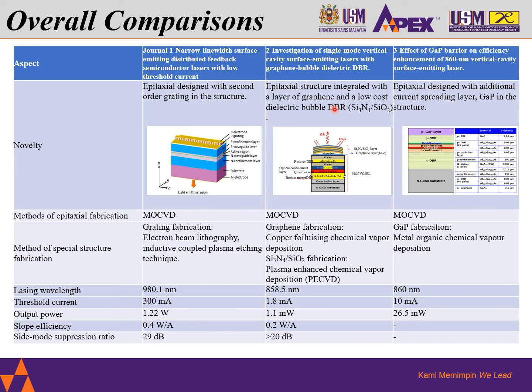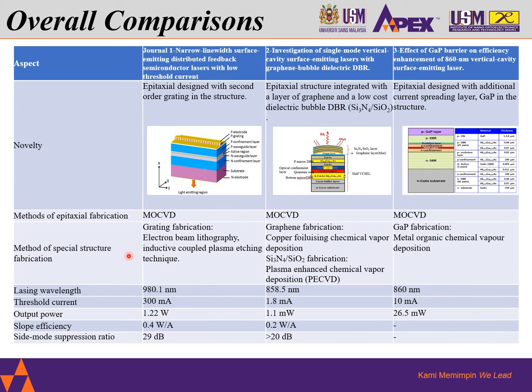And the second journal shows a layer of graphene and a low cost dielectric bubble DBR. This is the novelty for the second journal. And for the third journal, the novelty is the additional current spreading layer, gallium phosphide, in the structure. Next, in terms of epitaxial fabrications, these three journals use the same method, which is MOCVD.